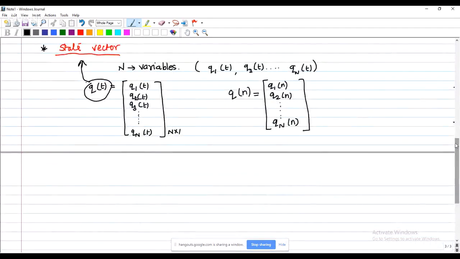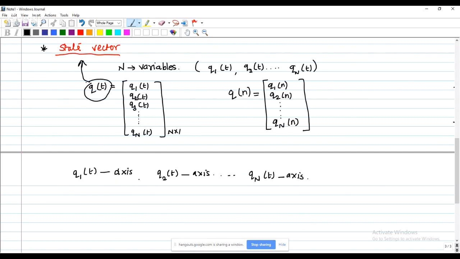So moving ahead, if I'm saying that there are n such variables, then let's say q1 of t is one of the axes. Similarly, q2 of t is another axis, and so on and so forth. I have qn of t as the last axis. That means there are a total of n axes.